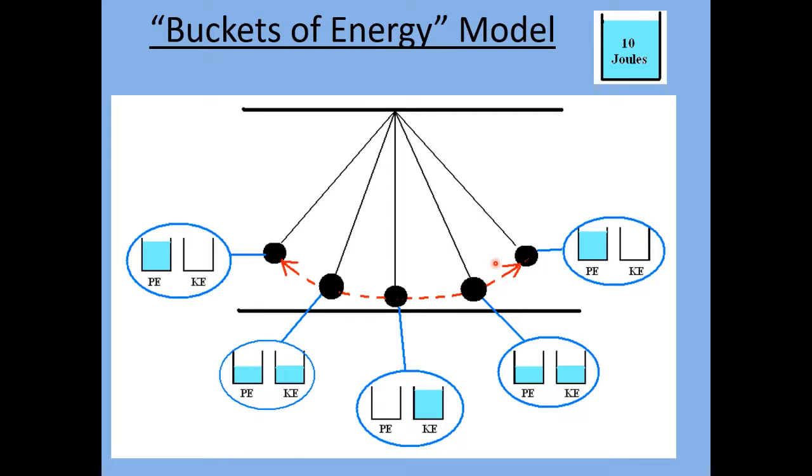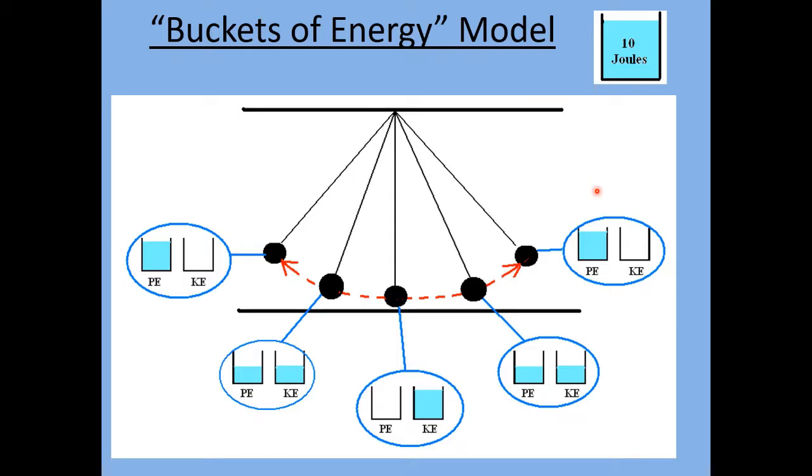Because remember, drag is due to all the air molecules slamming into our mass here as it plows through the air. So those air molecules now are receiving energy. It's like swinging a baseball bat and knocking all those air molecules around. So what's happening is the energy is being transferred from the pendulum into the room as thermal energy, okay?